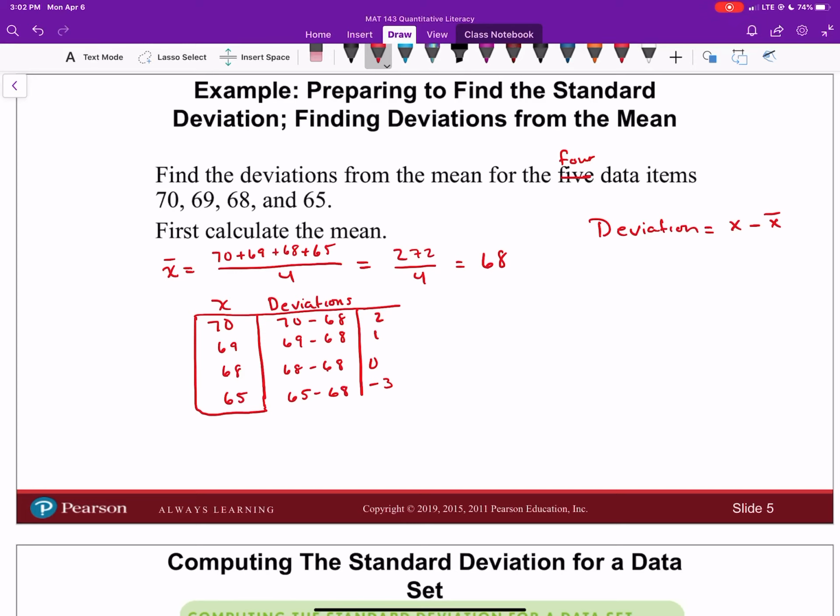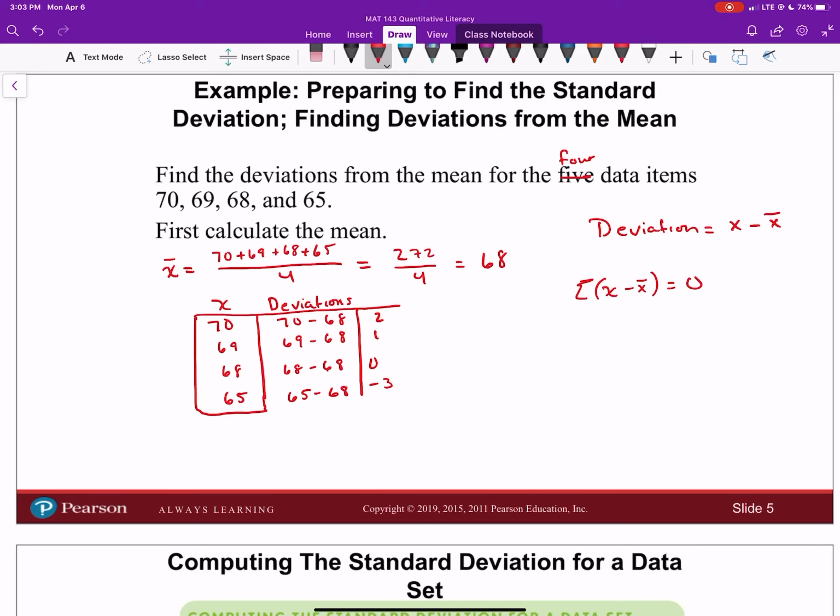Now the sum of all deviations should equal 0. Not squared deviations, but the sum of all deviations is equal to 0, because we got 2 plus 1 plus 0 plus negative 3.